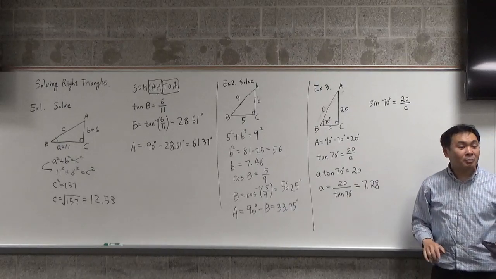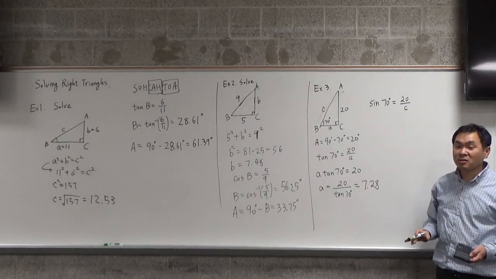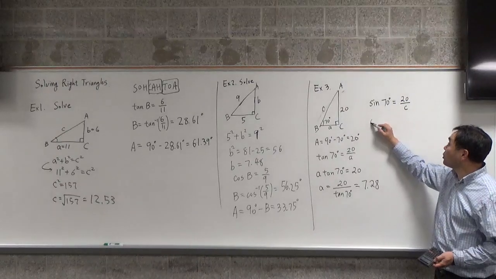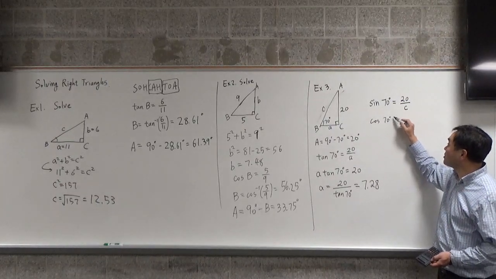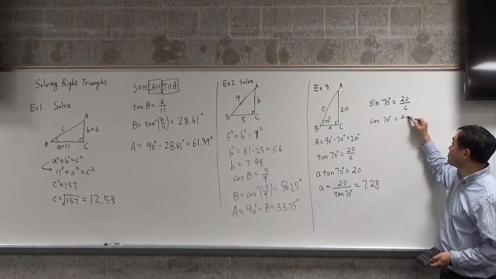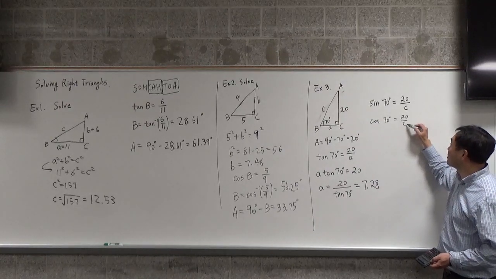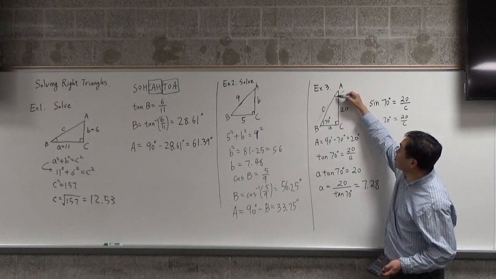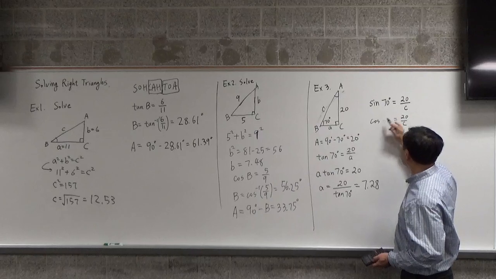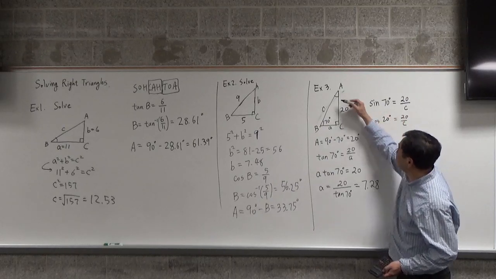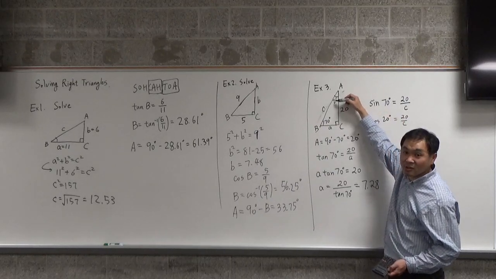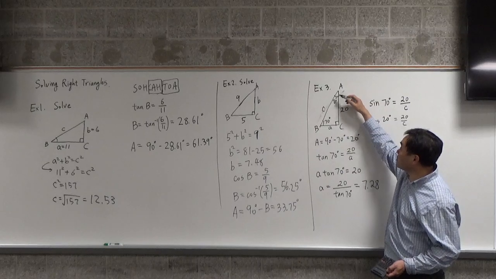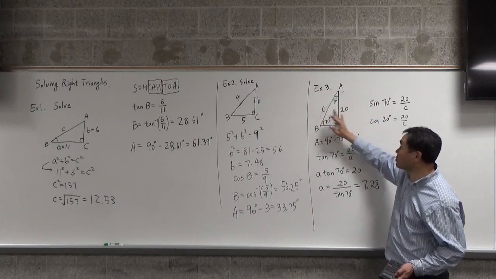By the way, that's not the only way. There's even a third way, which is to use cosine of 20 degrees as 20 over C. Because here's 20 degrees. Cosine of 20 degrees is adjacent over hypotenuse, so you still get that.